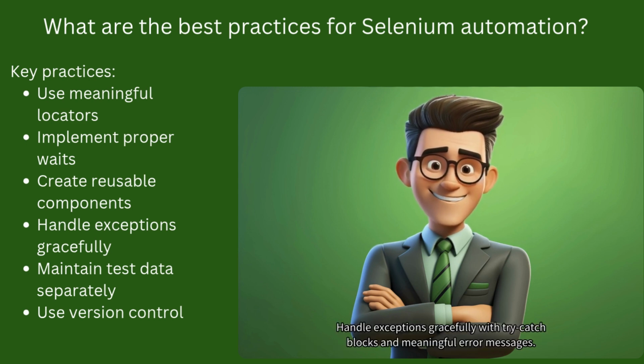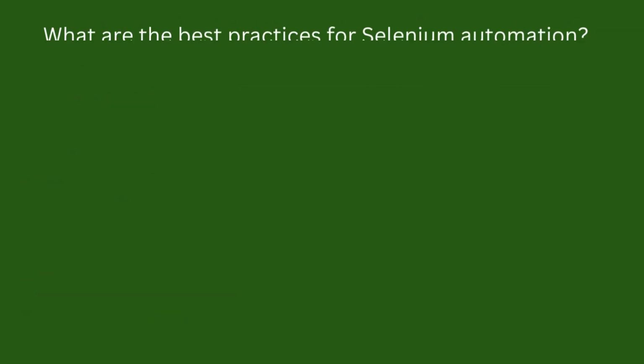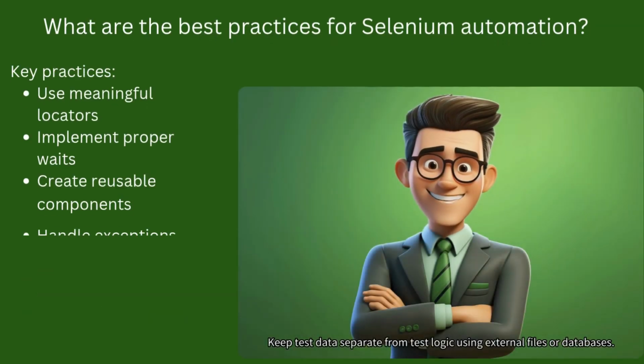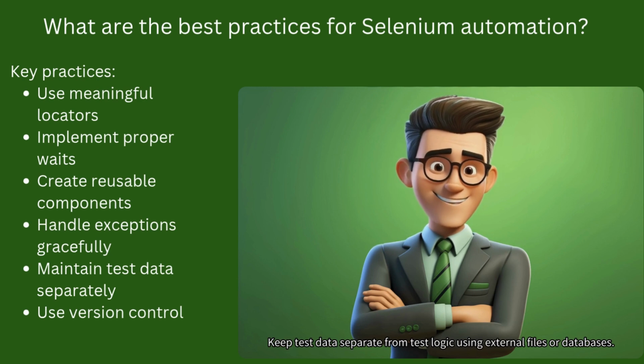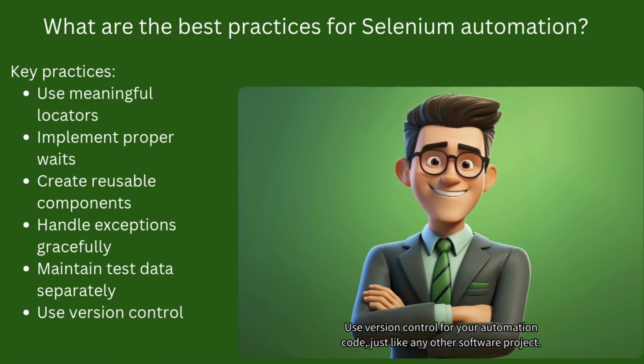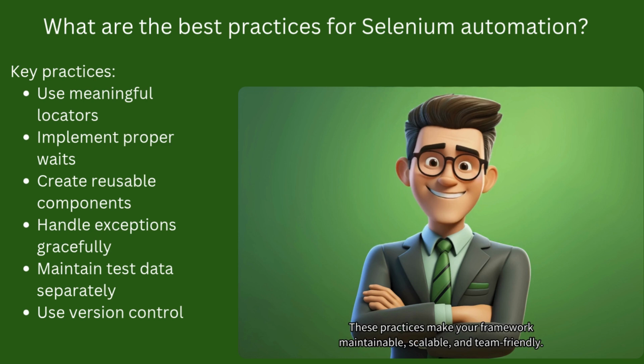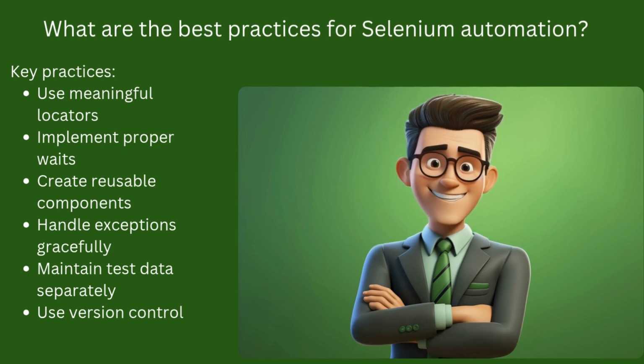Handle exceptions gracefully with try-catch blocks and meaningful error messages. Keep test data separate from test logic using external files or databases. Use version control for your automation code, just like any other software project. These practices make your framework maintainable, scalable, and team-friendly.